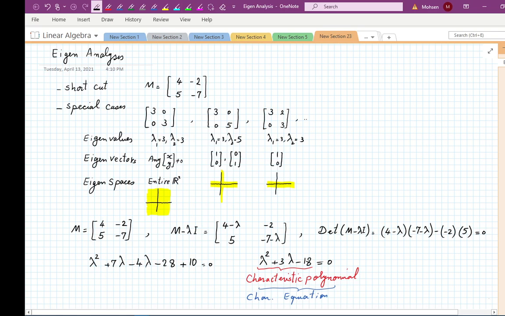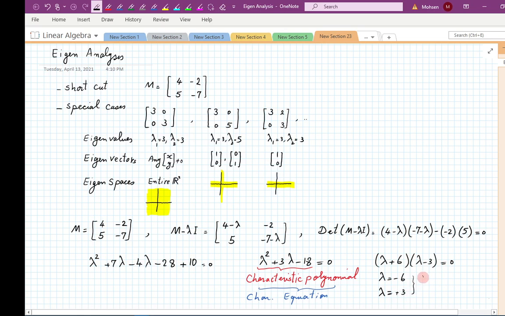You should be able to do this quickly: two numbers such that the product is minus 18 and the sum is 3. Make sure you do this carefully. Lambda plus 6 times lambda minus 3 equal to 0. This is our factorization, and then we get lambda equal to minus 6 and lambda equal to plus 3. These are our answers.